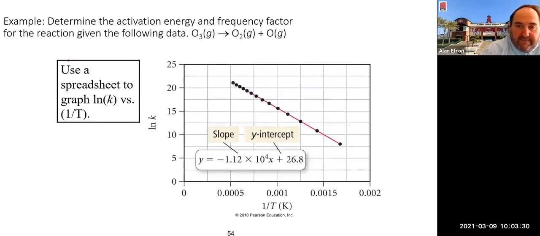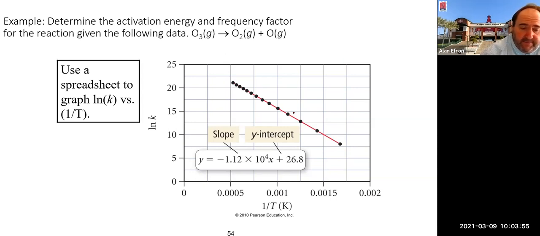So they did that for us, which is really nice. We end up with this equation: y equals minus 1.12 times 10 to the 4 x plus 26.8. We could use the equation from this line to figure out the activation energy and the frequency factor, by using the slope value.